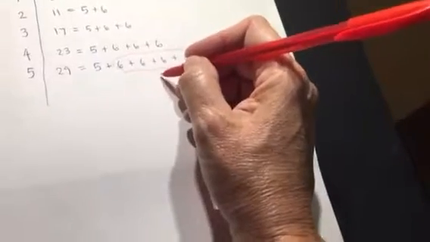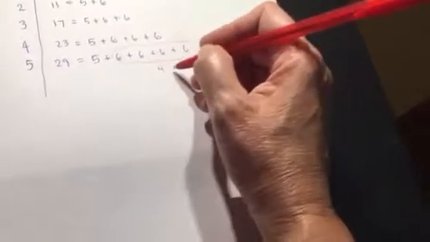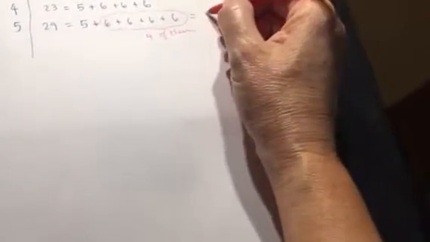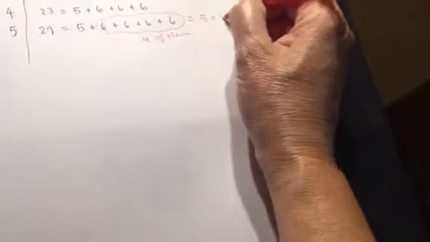How many are there right here that I've circled? 4 of them. Look for a connection between the number of 6's and the term number. In fact, I could write this 29 as 5 plus 6 times 4, since multiplication is repeated addition.